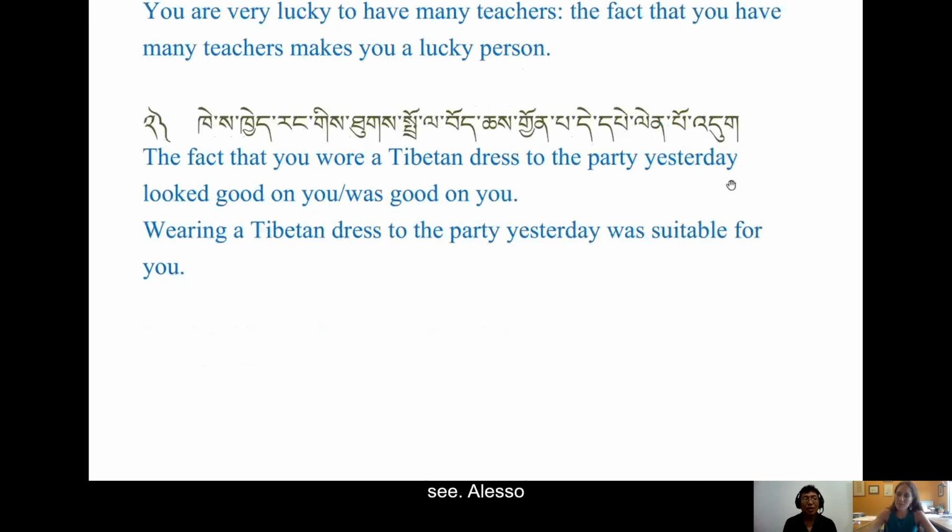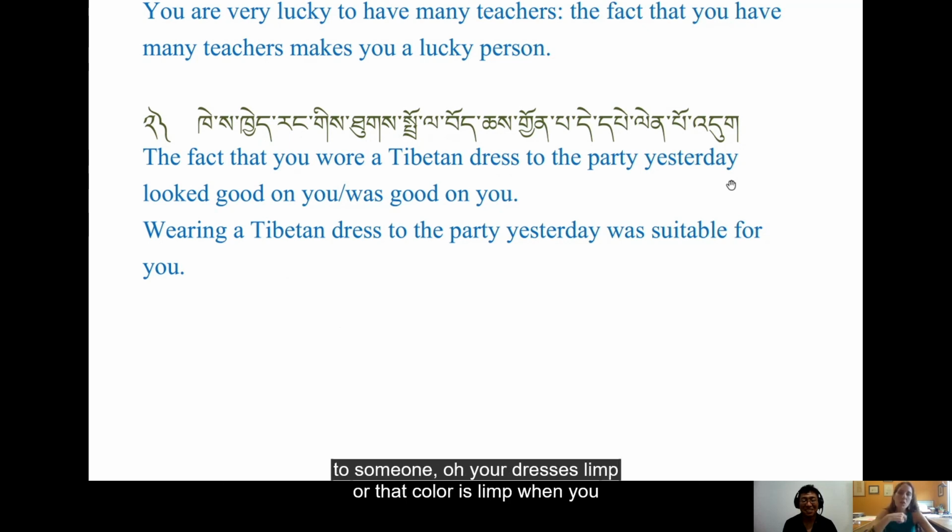And then the next sentence can be maybe a little more clear. Let's see. Genla. So, kesa cherangi tukdola peje kyombate pe lembodu. So again, the translation's a little tricky. Pe lempodu means it is very suitable for you, for your body type. It looks good on you. It's a compliment usually when you say to someone, oh, your dress is limpo, or that color is limpo on you.